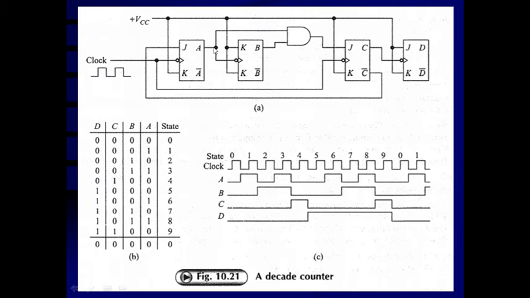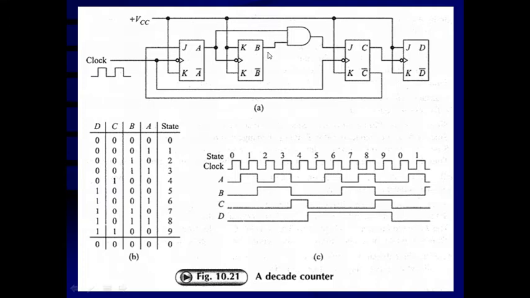The output of flip-flop A is driving the clock input of flip-flop B, and the J and K inputs of flip-flop B are connected to VCC. So flip-flop B is working in toggle mode.